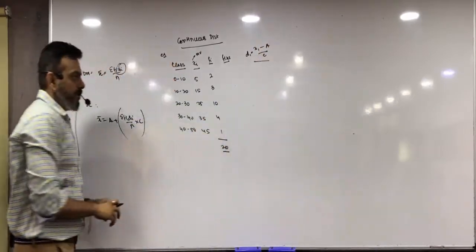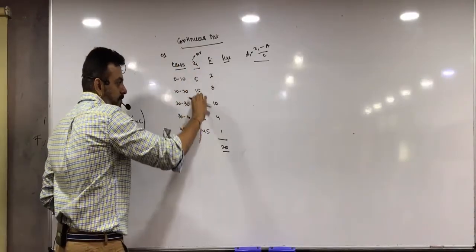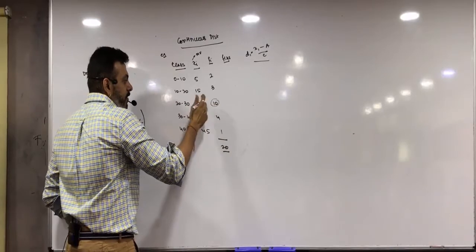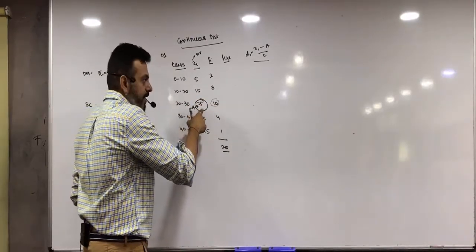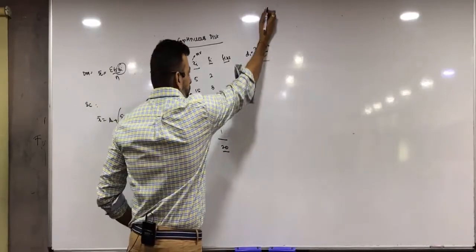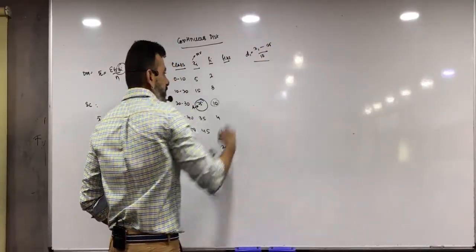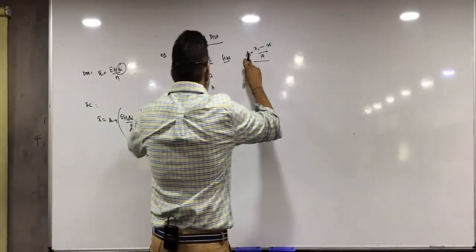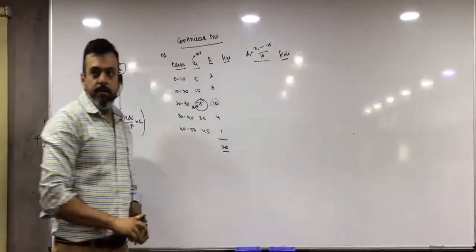Over here, generally we take value of xi which is in the center or the one with the highest frequency. So we'll take a is equal to 25, assuming so xi minus 25 upon what is the class length? 10. You understood this? So we'll find out di, then we'll have column Fi into di.